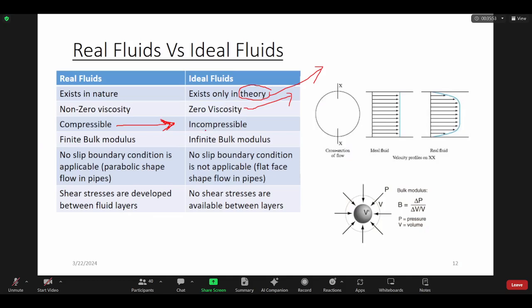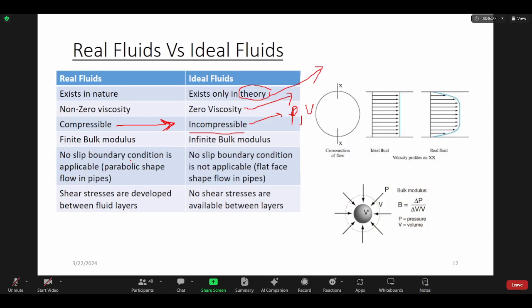Ideal fluid we cannot compress. It means density, rho, and volume we can't change in ideal fluid. It means incompressible fluid. Real fluid has a finite bulk modulus, while ideal fluid has an infinite bulk modulus.